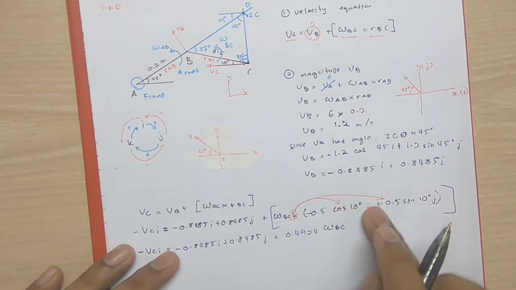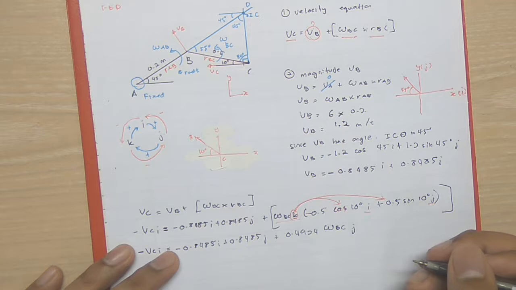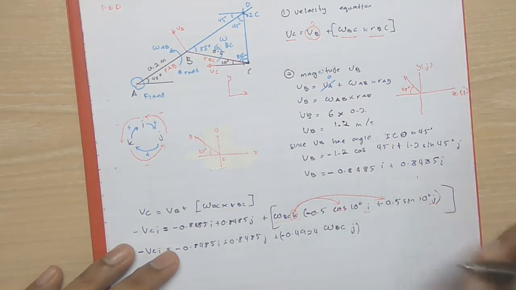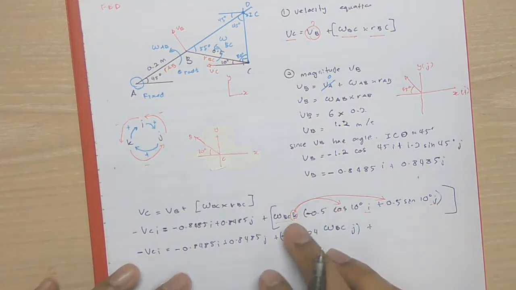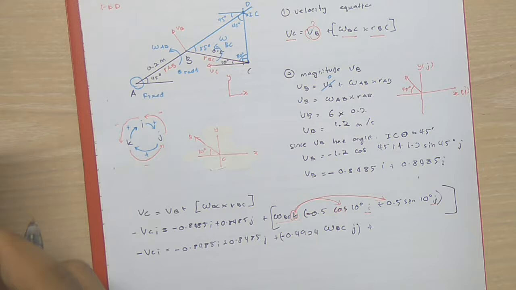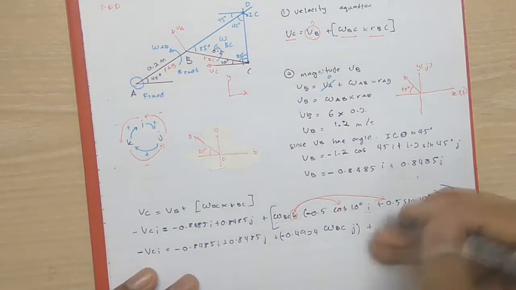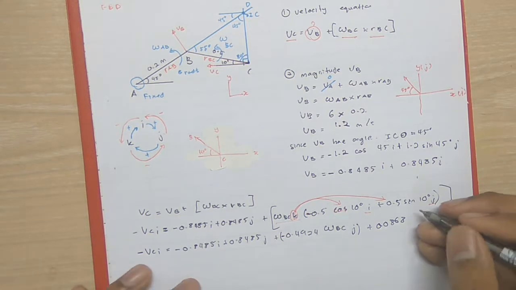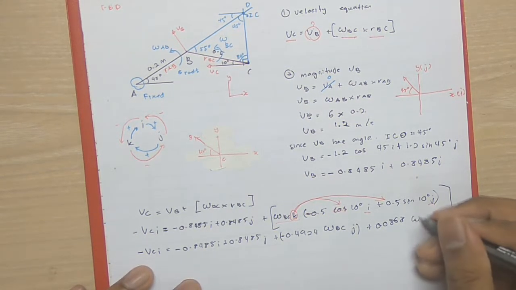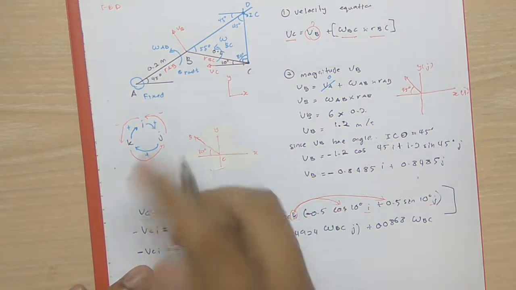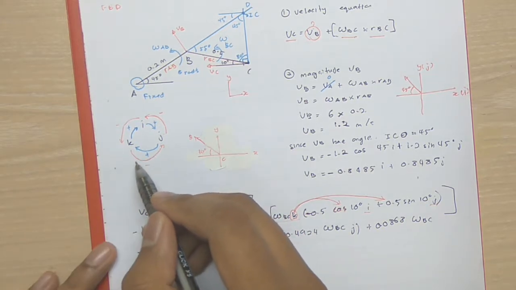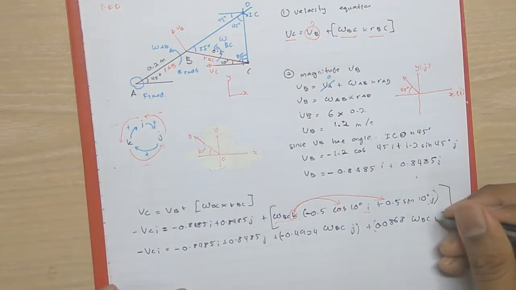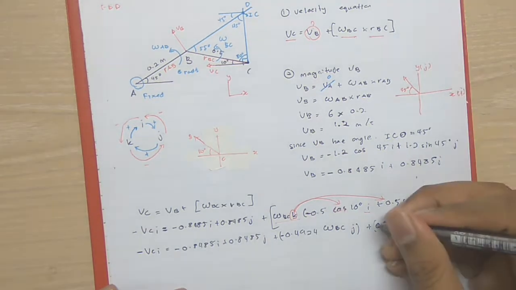Omega BC, K to I become positive J, so J. Sine this one is a negative, I forget about this, so it will become negative, plus omega BC k 0.5 sin 10. 0.5 sin 10 is 0.0868 for the omega BC, and then K times with J. Since it is anti-clockwise, it becomes negative, so that means negative I. K J become I, so this one negative.